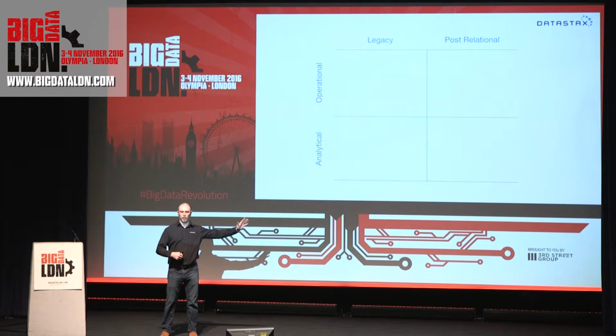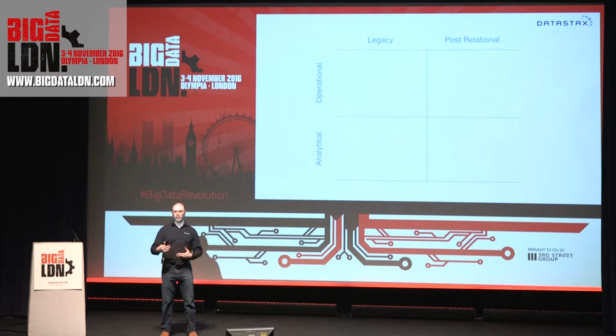We have at the bottom the analytical category, and at the top we have operational. Then you can split that horizontally as well between the legacy side, the traditional client-server databases from the 90s, and the post-relational big data systems.